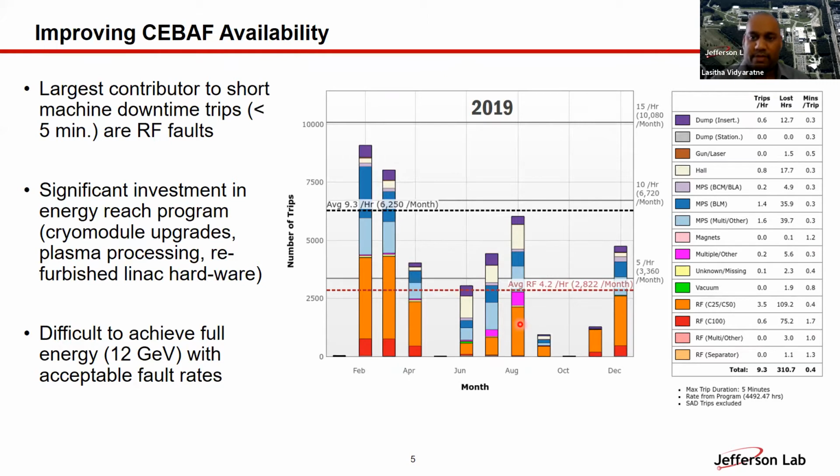This translates to about 2,900 to 3,000 per month. A significant investment has gone into the Energy Reach program with primary upgrades, plasma processing, and LINAC hardware improvements to obtain this full energy of 12 giga-electron volts, but we've been facing difficulties to achieve it with acceptable fault rates due to these large-scale RF faults that are occurring.